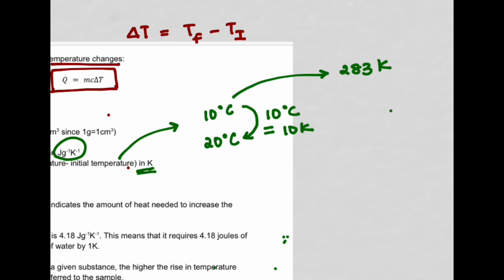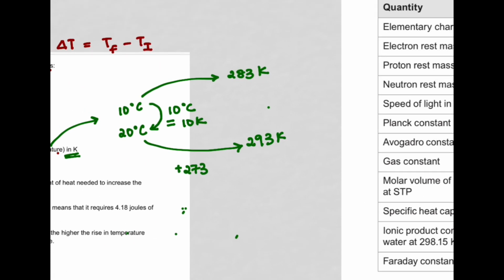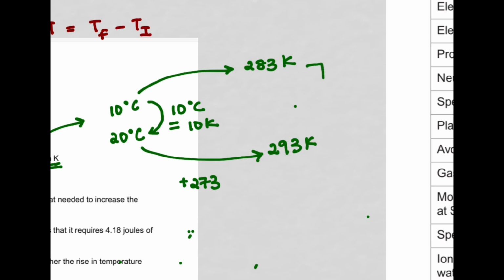This is the initial temperature. Final temperature will give you 293 Kelvin. Remember, degrees Celsius to Kelvin, you add 273. Now, the difference between these two is 10 Kelvin.